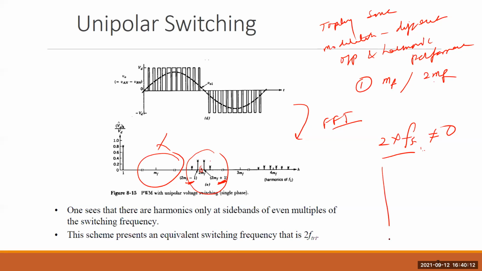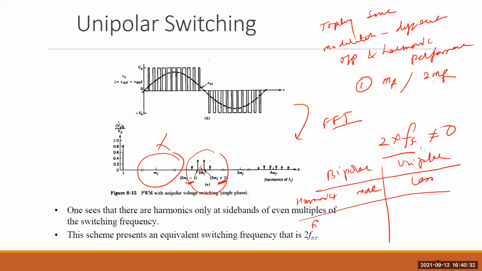So if we see in terms of harmonics, here you can see it is more and here it is less, right? Because of that, you can see the filter requirement here is less compared to unipolar. In bipolar it is high because you have to remove the low frequency, I mean half of the frequency, that one, instead of MF here it is 2 MF.